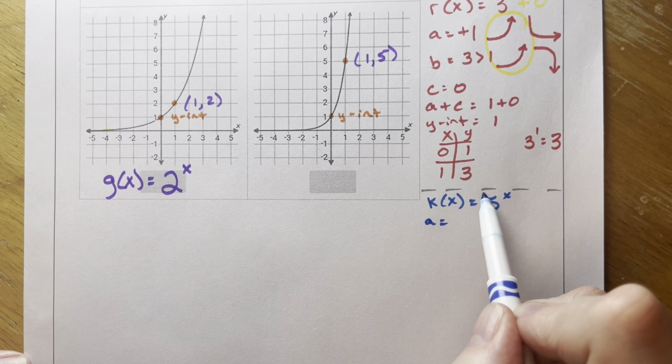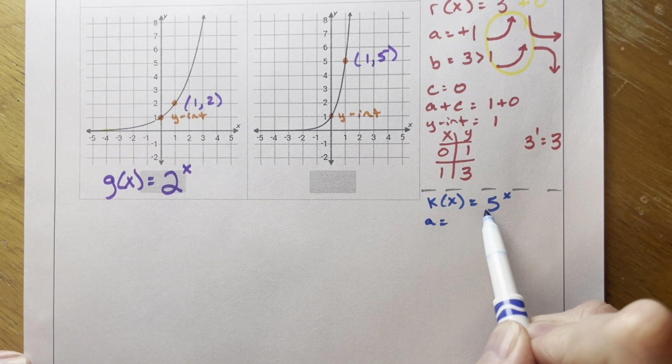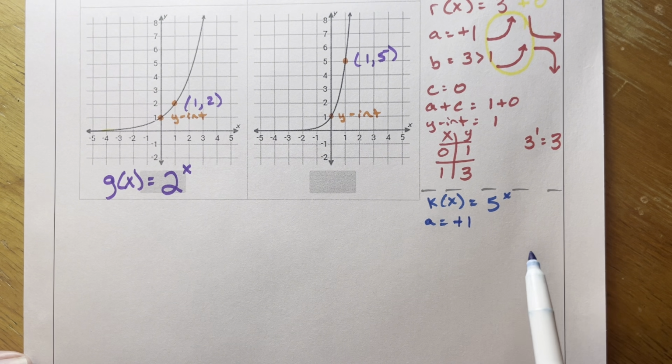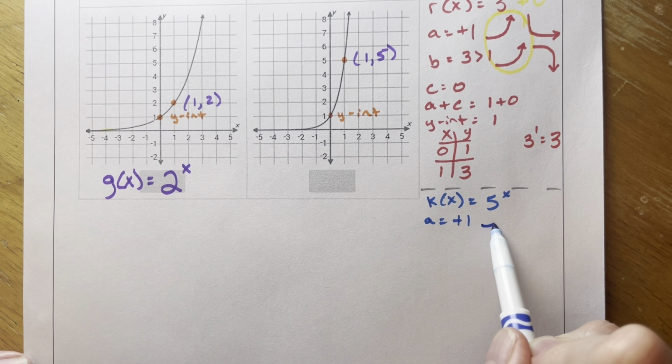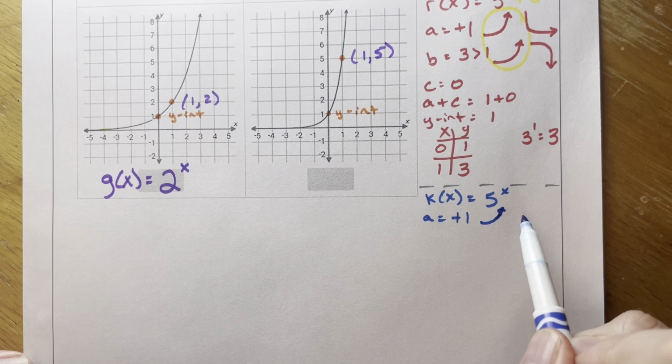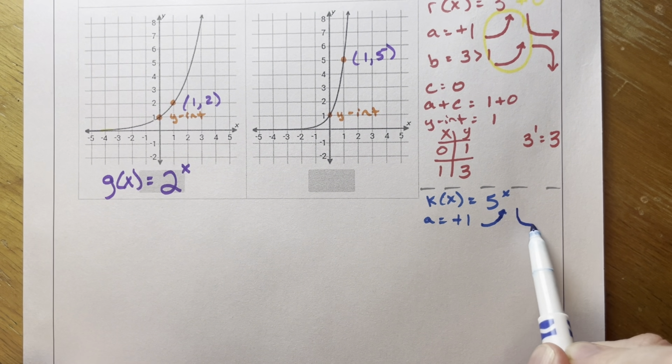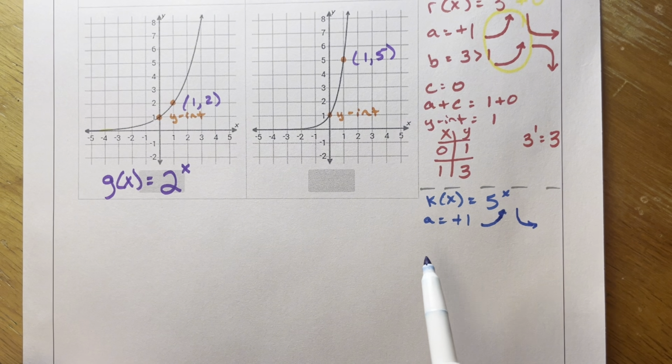So a is still sitting here in front of the 5 as an invisible, understood, assumed positive 1. And we know that means our curve is going to travel steeply upward to the right, or it's going to flatten out, bottom out as we travel to the right.